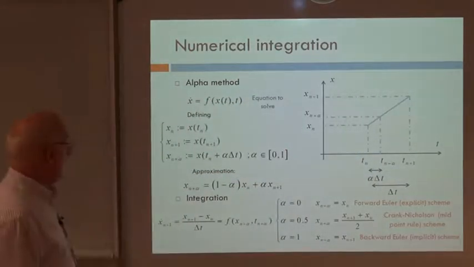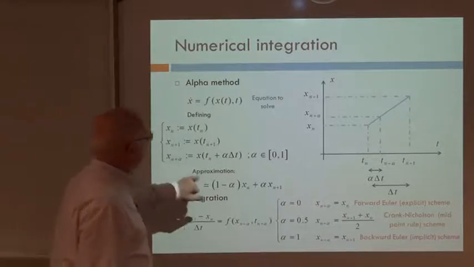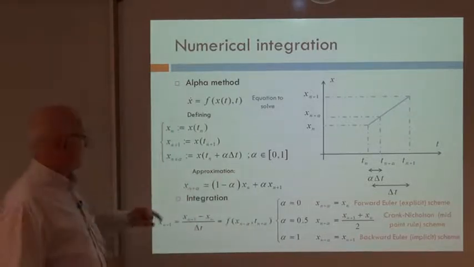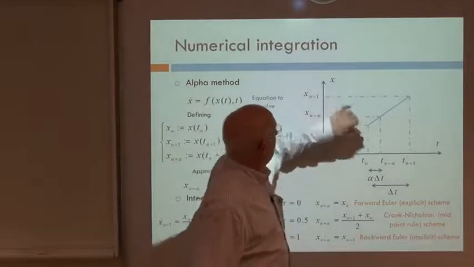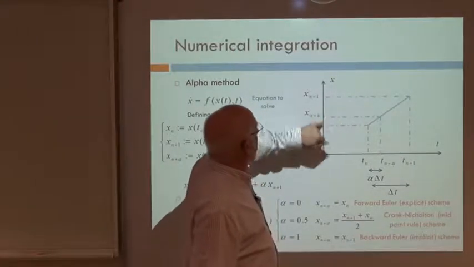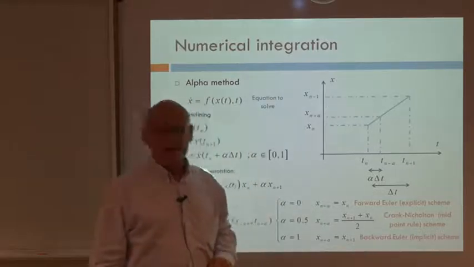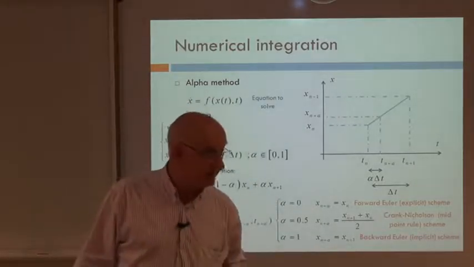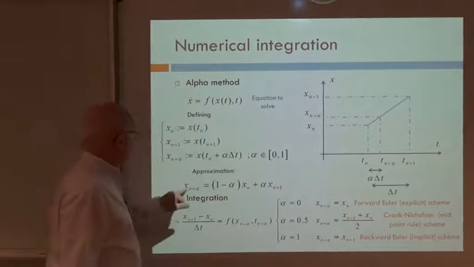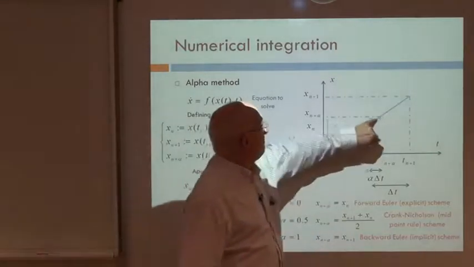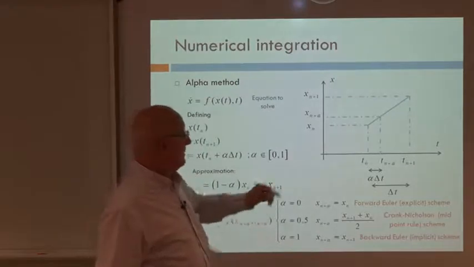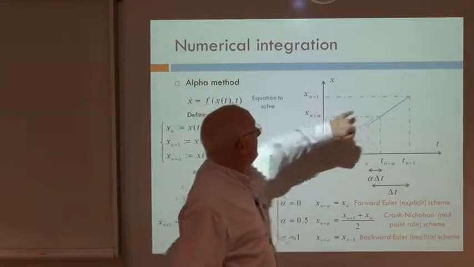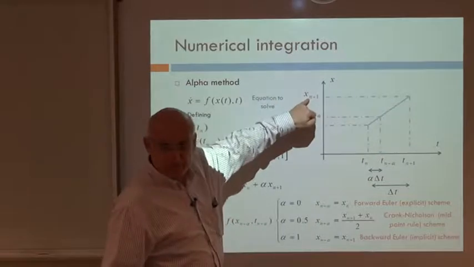Okay? And now, let's do something which is an approximation. Let's parameterize also the solution in the interval xn to xn plus 1 in terms of the same parameter. So the solution corresponding to Tn plus alpha is just the linear interpolation of the solution xn and the solution xn plus 1.